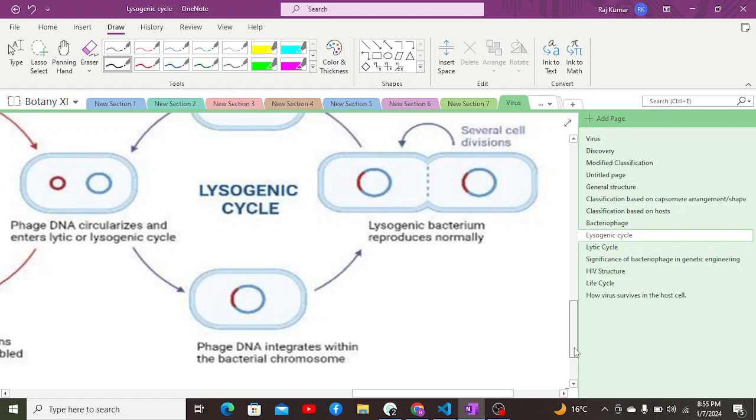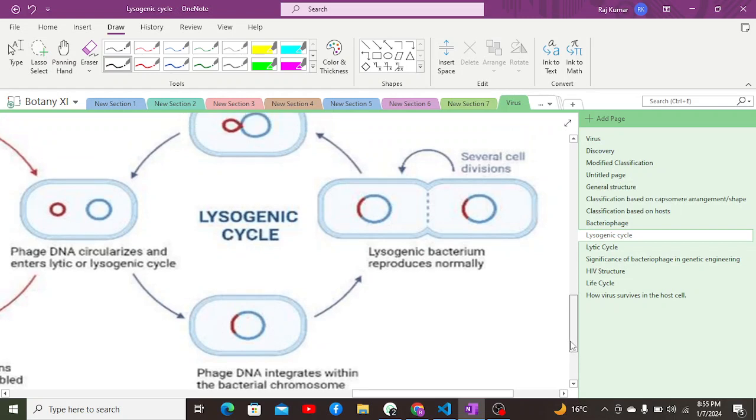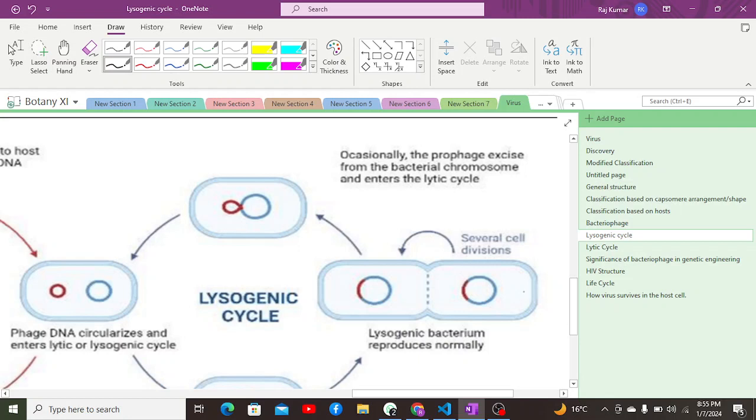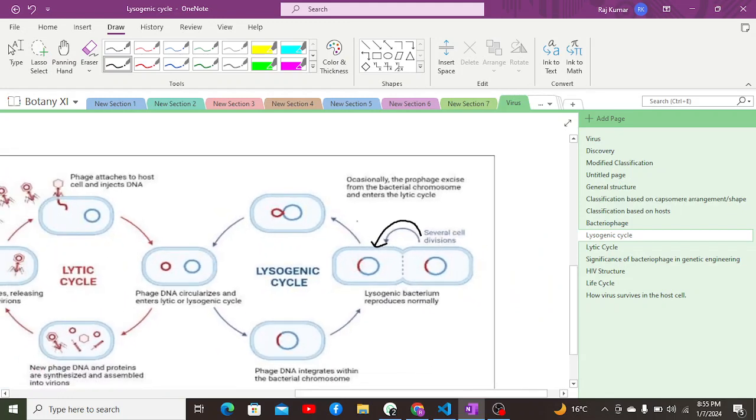Now phage DNA integrates within the bacterial chromosome, and once it is integrated, the lysogenic bacterium reproduces normally, just like a host and guest relationship. So it remains within the bacteria for many generations and within a lot of progenies until there are unfavorable circumstances, which include mutagenic chemicals, ionizing or ultraviolet radiations, an increase or decrease in pH, or an increase or decrease in temperature.